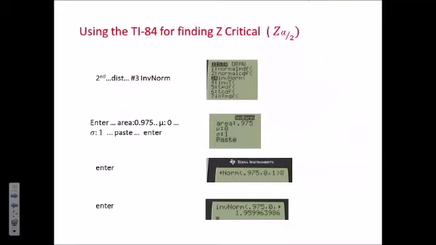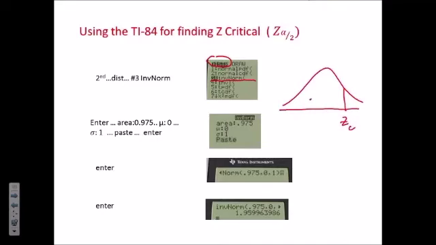A third way for finding a Z critical is to use the TI-84. You would press second distribution, number 3, inverse norm, and same picture as before.